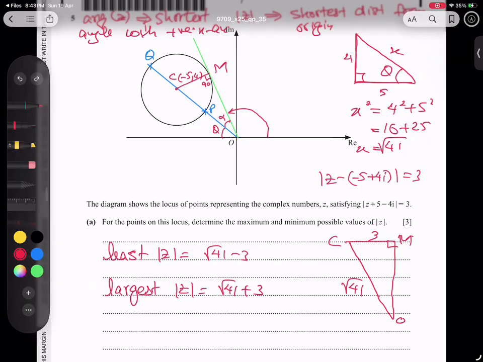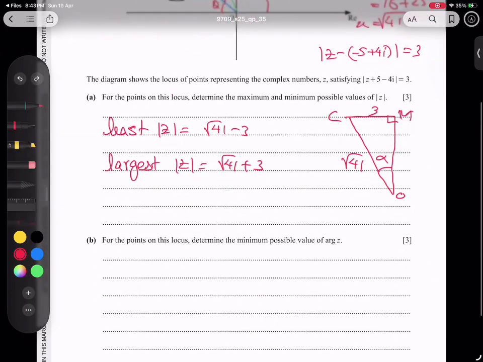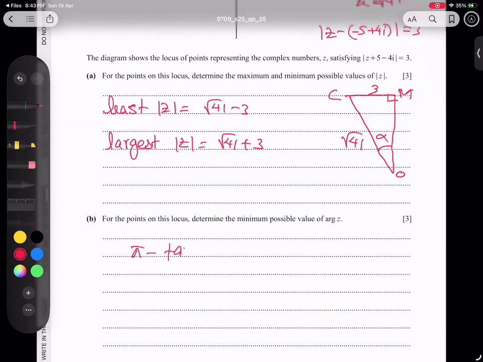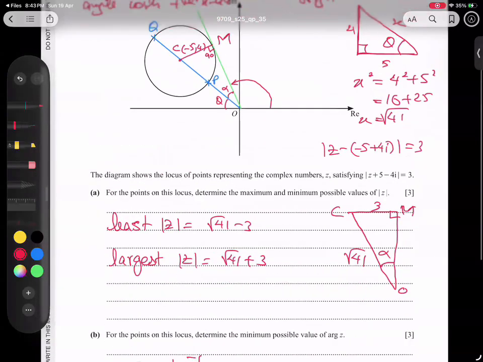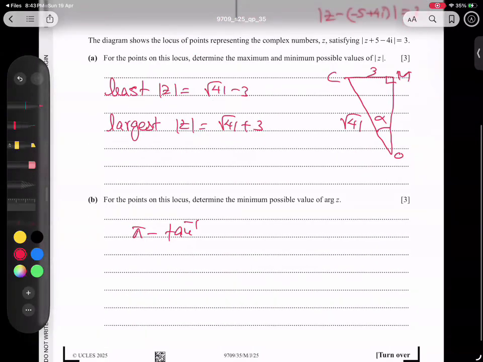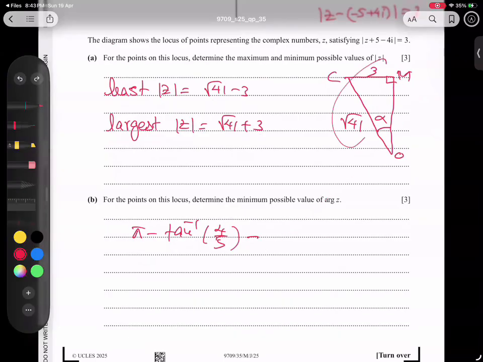So I can get this, whose name is alpha, and theta from there. So opposite by adjacent, I can find it easily. So pi minus tan inverse, what is that one? 4 upon 5. And minus this one, and that is the opposite by hypotenuse, sine. So I'm writing sine inverse 3 over root 41. I think up till here, the point is very clear.